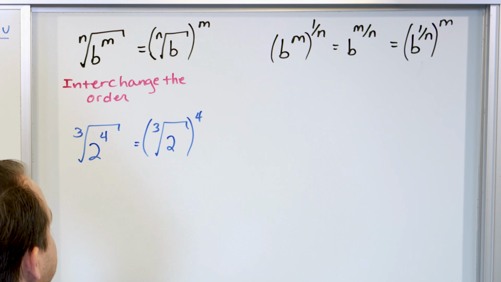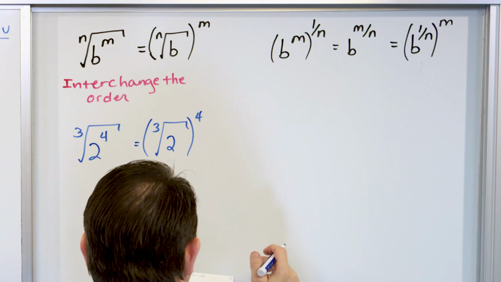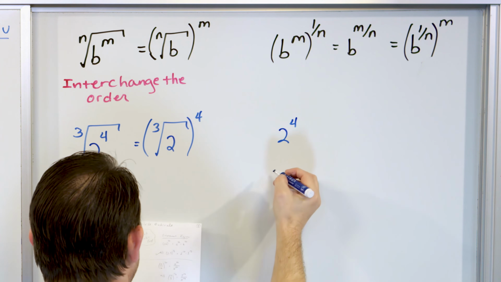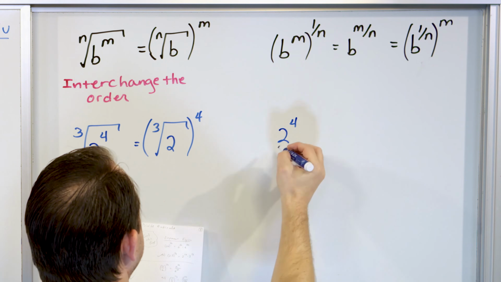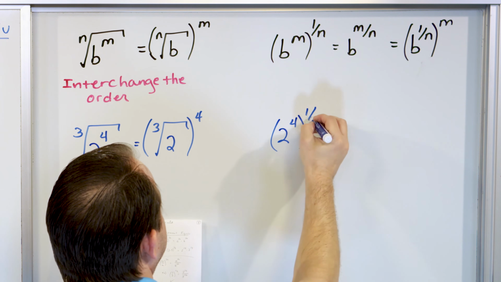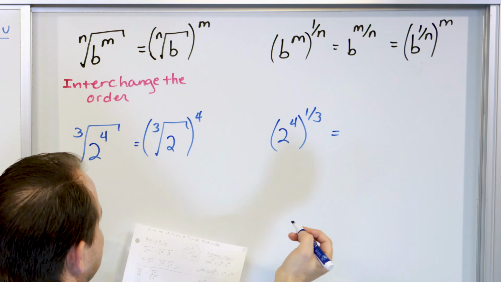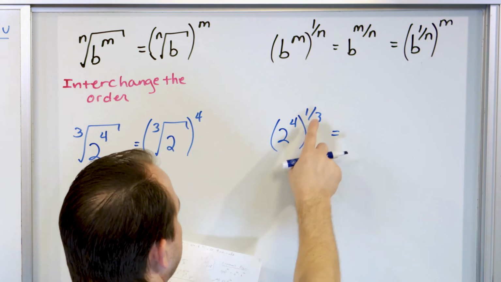So in terms of a number, or in terms of an example like this, it would be like this: 2 to the 4th power, right? 2 to the 4th power raised to the 1/3 power. So I'm taking the cube root of what's inside here. What I'm basically saying is that I can multiply these together.